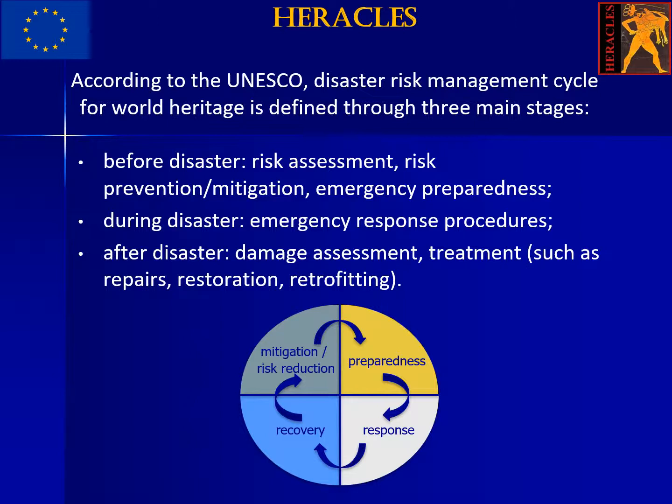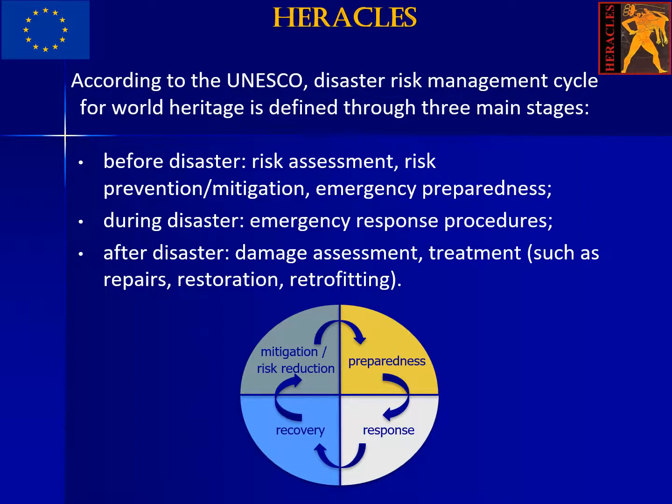They are preparedness, response, recovery, and mitigation and/or risk reduction. Also, according to the UNESCO, disaster management cycle for World Heritage is defined through 3 main stages that are clearly related to the disaster management cycle.